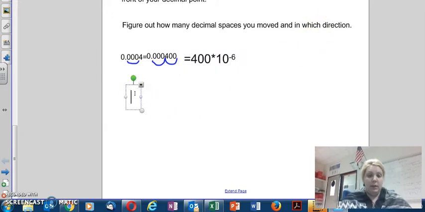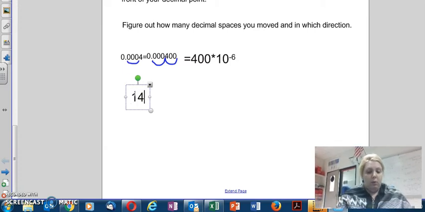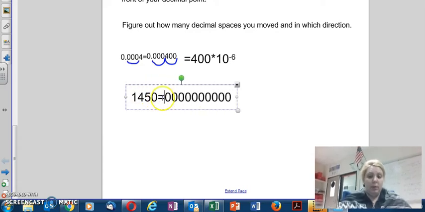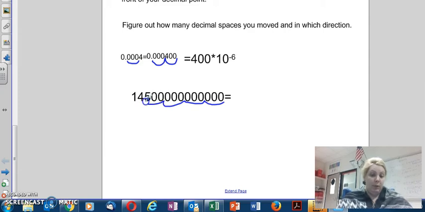All right, let's do another example. Here's another one. Okay, that's a lot of zeros. I don't even want to read that number. But I'm sure we can do this. So I go in sets of 3. 1, 2, 3. Do I have a 1, 2, or 3-digit number in front of my decimal point? Of course not. So I have to keep moving. And then I have to keep moving. And now I still have a 5-digit number in front of me, so I still have to keep moving.